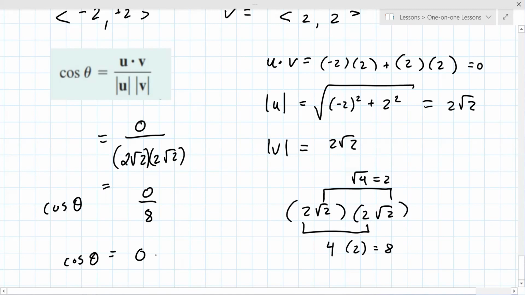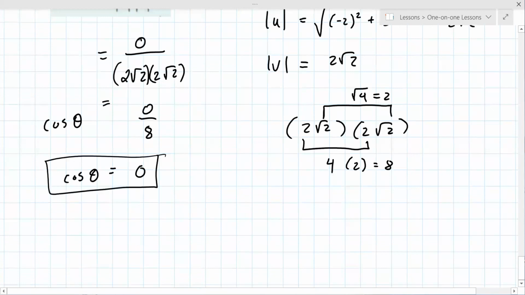Okay, so now this is like going back in your class. Where is the cosine of theta equals 0? On the unit circle? Yes. It's this angle right here. What's that angle? 90. That's right. So now let's look at the two vectors again.